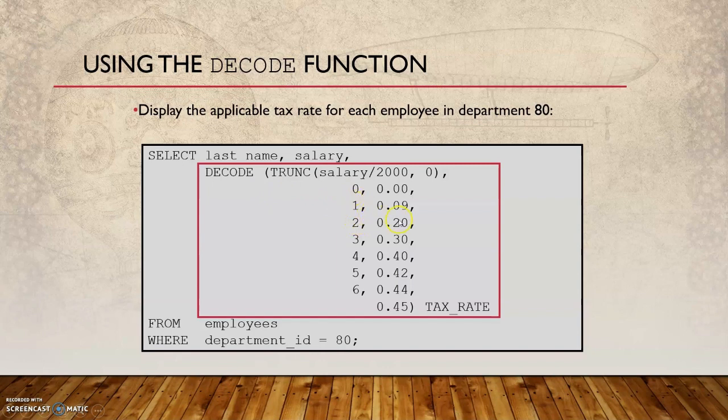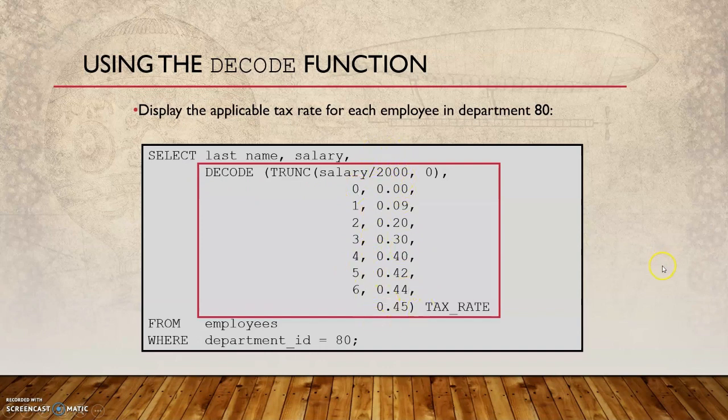If it is 2000, it is 0.9. If it is something like 1000 or 500, it doesn't divide, so you have a 0 over here. So 4000 should get a 0.2 here, and then 6000 is 0.3, and so on. That's the tax rate.